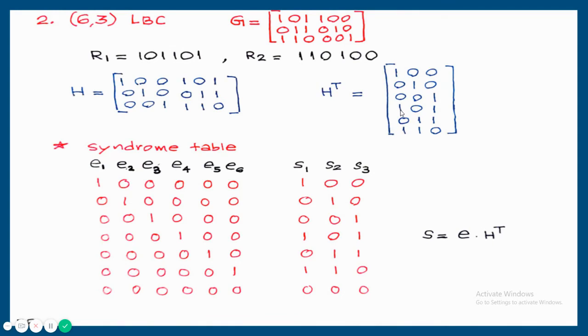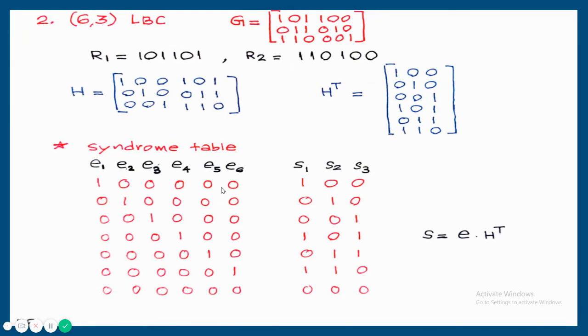Again, the 6,3 code is also capable of correcting 1 bit error. So the total number of error patterns the 6,3 code can correct is equal to 6C0 plus 6C1. 6C0 is equal to 1 and 6C1 is equal to 6. So the total number of error patterns is 7.